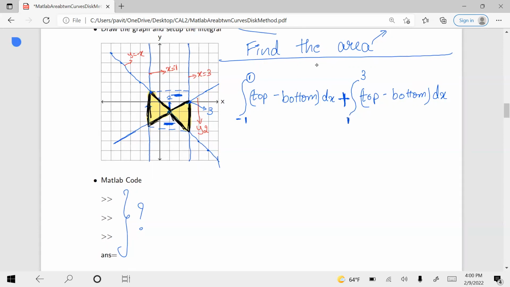It is going to be 1. Why? Because that's our intersection point. So you are going to find area from -1 to 1. That's your first part, because that is where you are going to intersect. So first you will find this area, and then you will move on to find the next area.